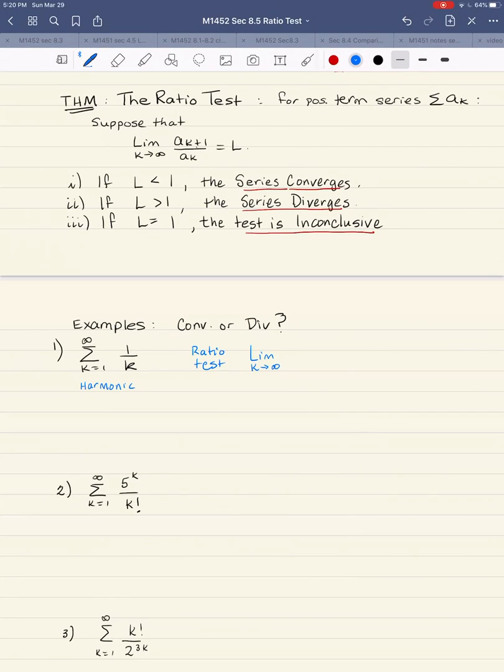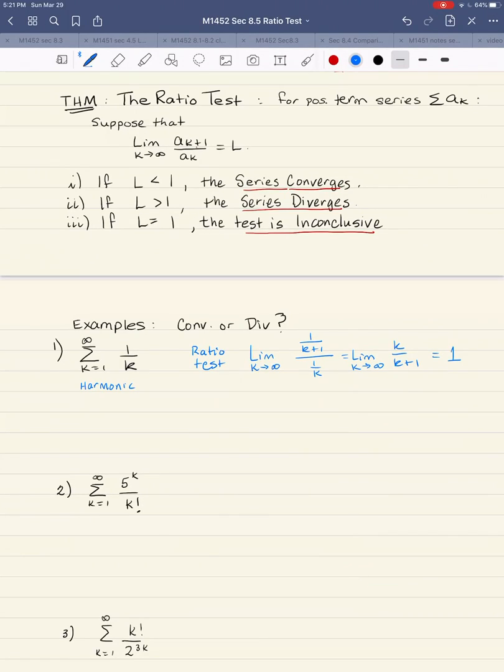We take the limit as k goes to infinity of the k plus first term over the current term. Simplify that, and I get k over k plus 1. So that limit we can take by looking at the ratio of the coefficients, and look, we get 1.